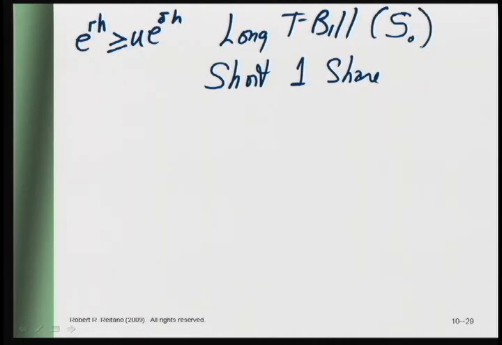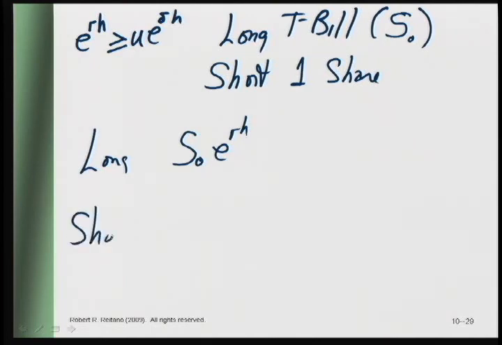I'm going to short one share, and that's going to give me S0, and then I'm going to go long a T-bill. So what happens at the end of a period? Well, my T-bill, my long position, goes from S0 to S0 e to the RH.